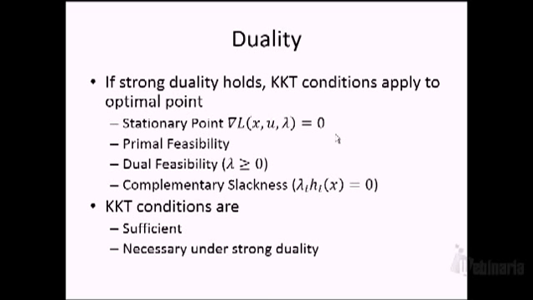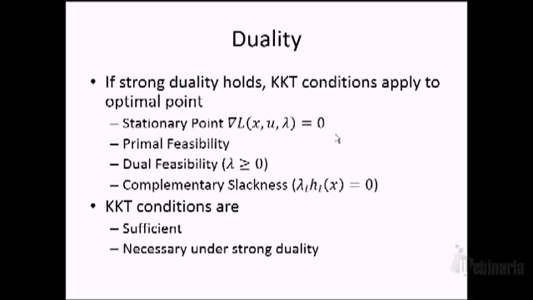The solution has to be feasible, of course, satisfying all equality and inequality constraints. And it has to be feasible in the dual sense as well. So for inequality constraints, remember we constrain the Lagrange multipliers to be greater than or equal to 0. This has to apply to the optimal point.